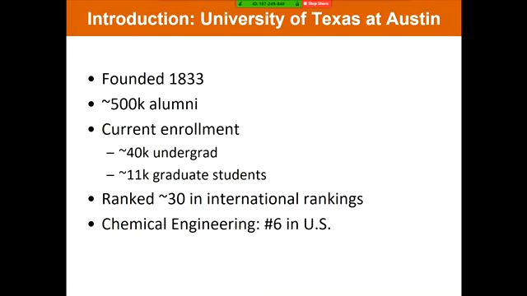We now have close to 500,000 alumni. And by U.S. standards, this is a large institution. We have about 40,000 undergraduates and about 11,000 graduate students. And we generally rank reasonably well. I'm in the chemical engineering department, and my colleagues and graduates have helped propel us near the top of the rankings in the U.S.